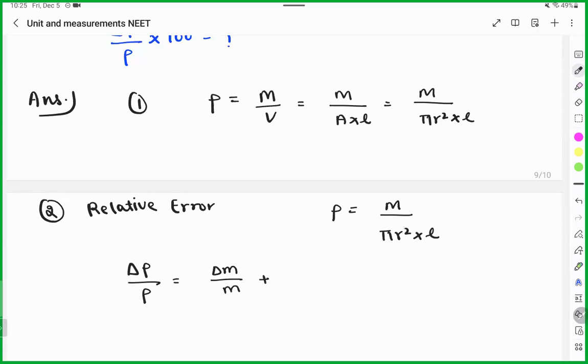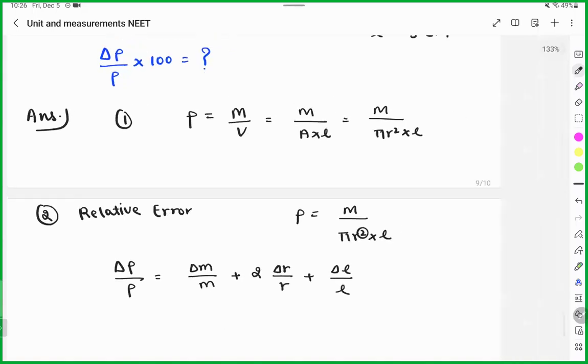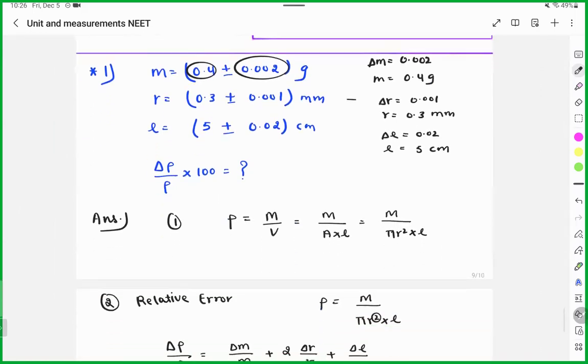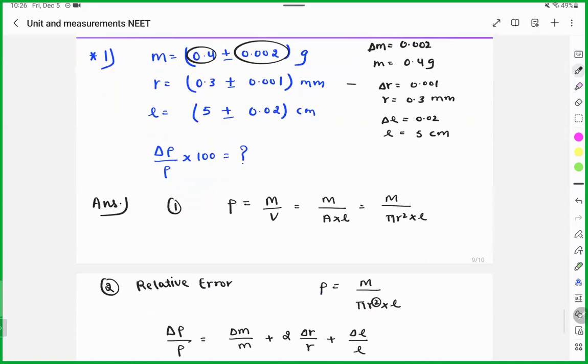And because here this is given in the power, that's why it will be multiplied by 2, delta r by r, and length is given delta L by L. Yes or no? Any doubt?